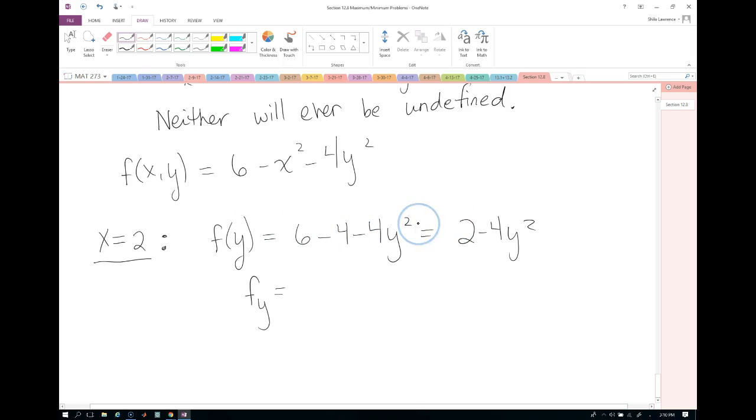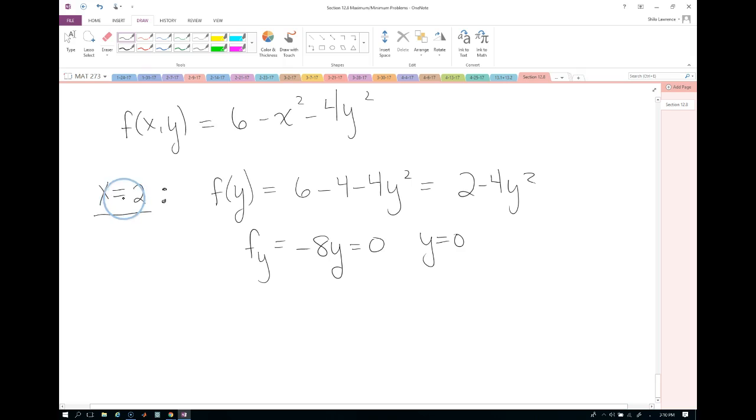So it's only with respect to y. F sub x will be 0 because there are no x's here. So we just need to check where f sub y will equal 0. So the partial with respect to y is negative 8y, and that equals 0 when y is 0.